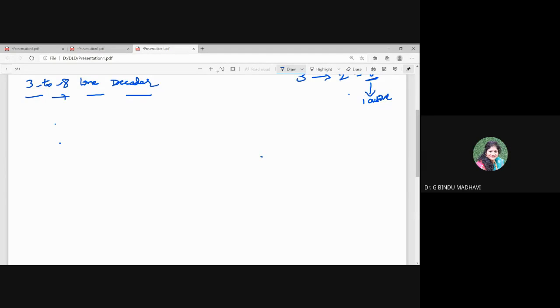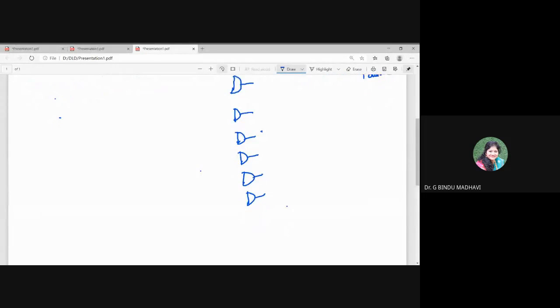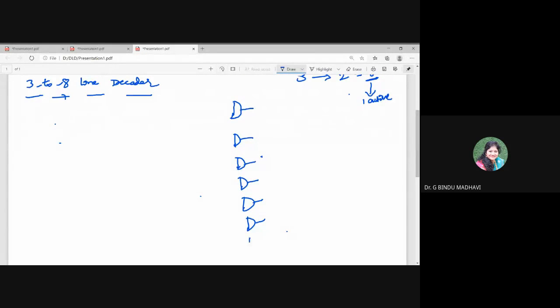So I can take 8 AND gates, each one representing one output: 1, 2, 3, 4, 5, 6, 7, 8.